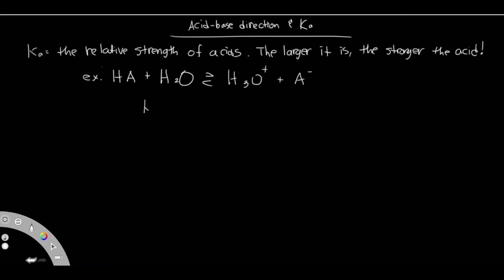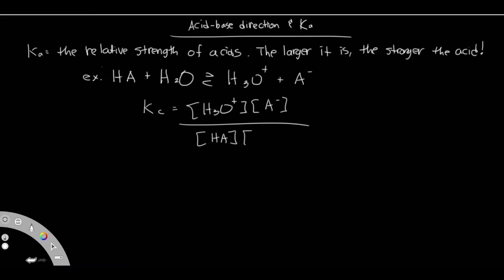So if we were to do our Kc, let's say we're dealing with molarity, okay, not partial pressure, it's going to equal our equilibrium constant expression. Let's write it out. So obviously our products are always going to be on the top, and our reactants are always going to be on the bottom. Of course, out of these, only H2O here is going to be the liquid one, right? So it's going to be a constant concentration, okay?